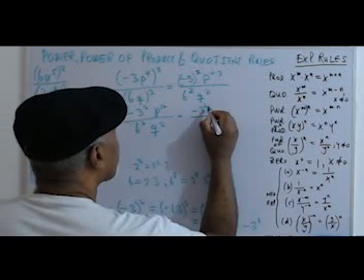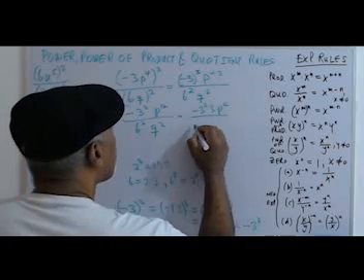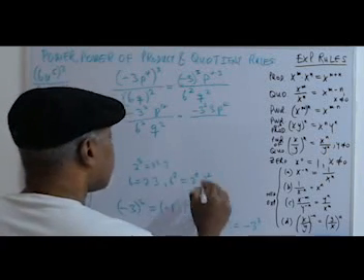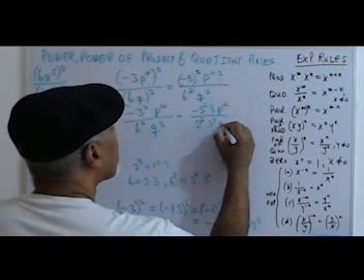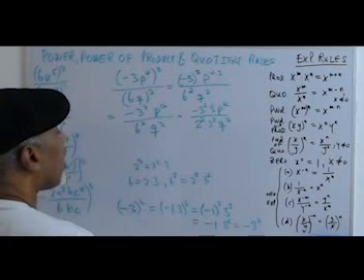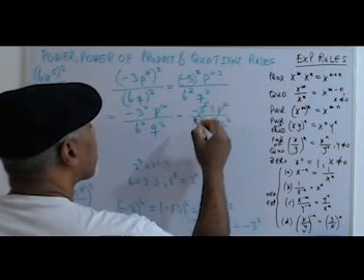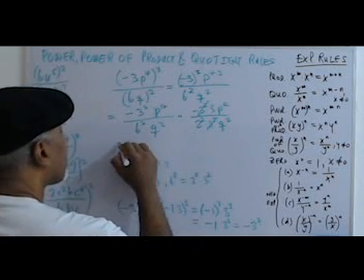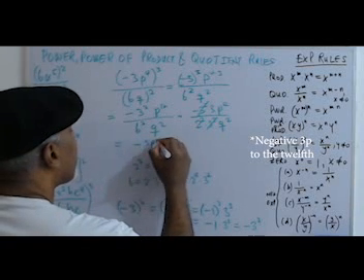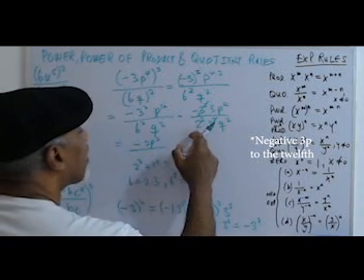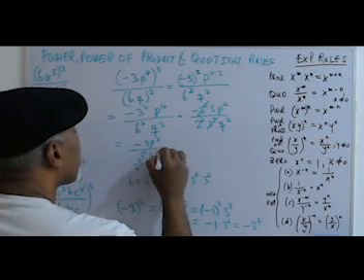So let's rewrite that as negative 3 squared times 3p to the 12 over 2 squared times 3 squared q squared. All right, now these 3 squareds can cancel, and what's left? We have negative 3p to the 12th in the numerator, and in the denominator 2 squared q squared.